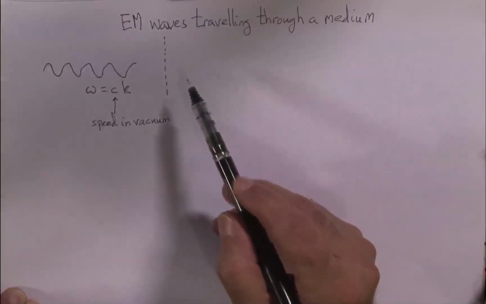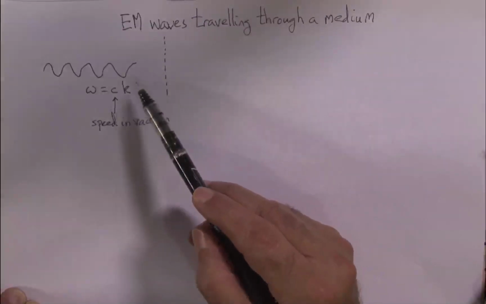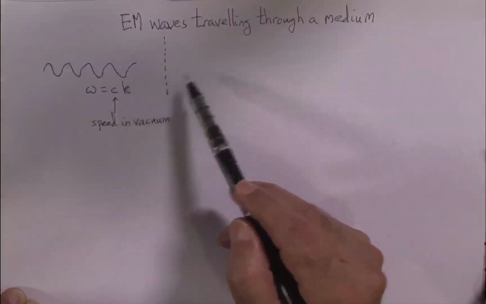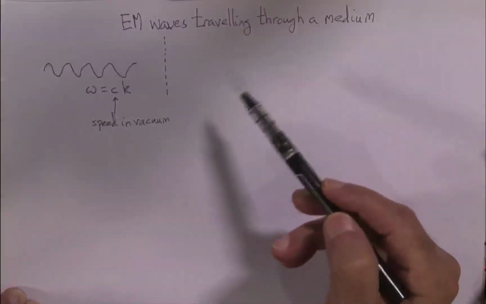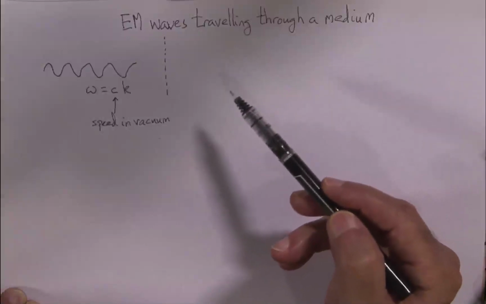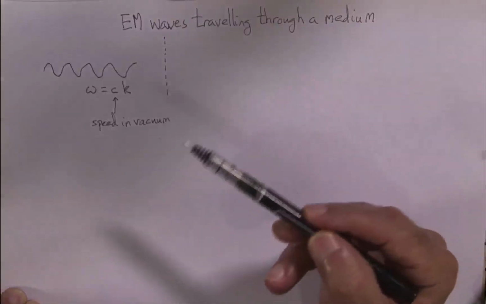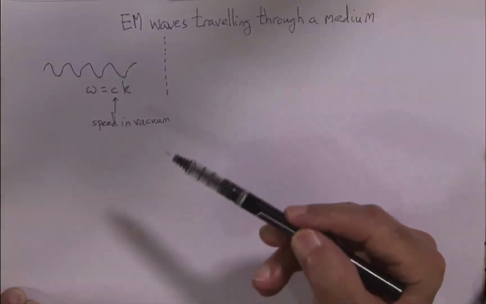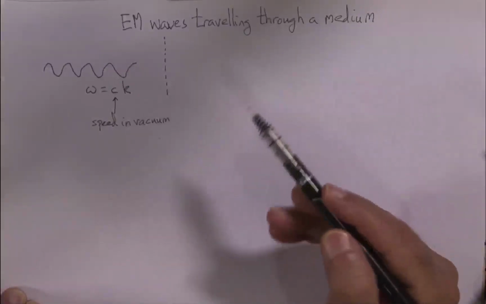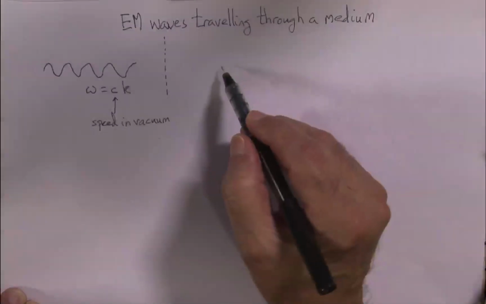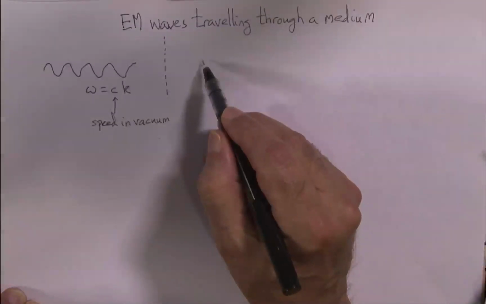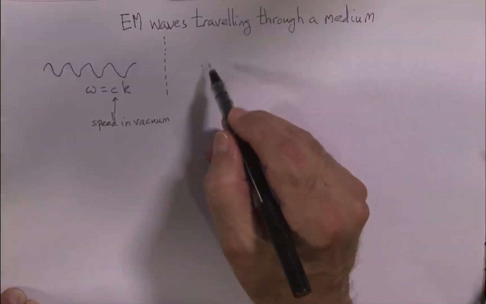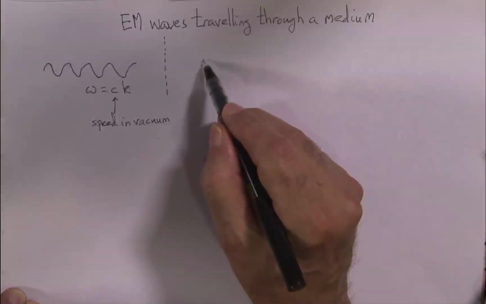Now, we want to understand what happens to the electric and magnetic fields inside over here. And that can be done properly only through Maxwell's equations. But behind those equations is a physical idea. And now let me come to that physical idea. So inside this medium are electrons. Now, those electrons are bound electrons.